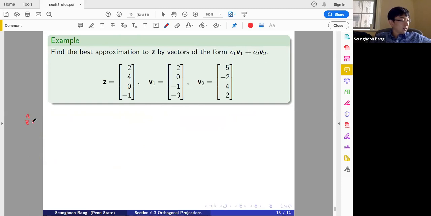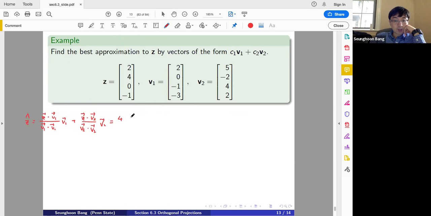So z hat is exactly vector z dot vector v1 over vector v1 dot vector v1, times v1, plus vector z dot vector v2 over vector v2 dot vector v2, times v2, and calculate. The first, z dot v1: 2 times 2 is 4.